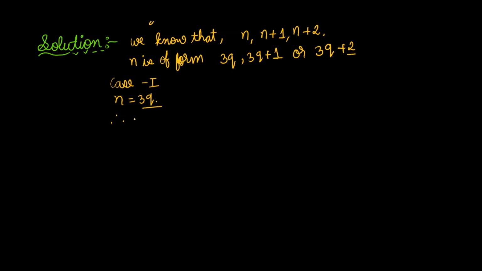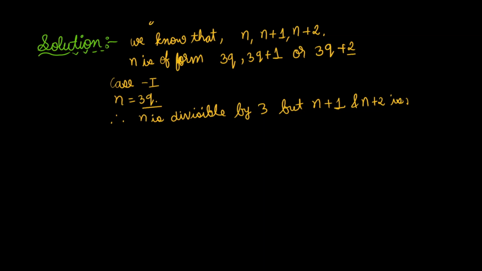So we can write that n is divisible by 3, but n plus 1 and n plus 2 are not divisible by 3, because any one will be divisible, so we are not taking n plus 1 and n plus 2 in this case.